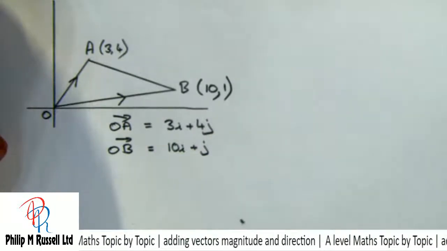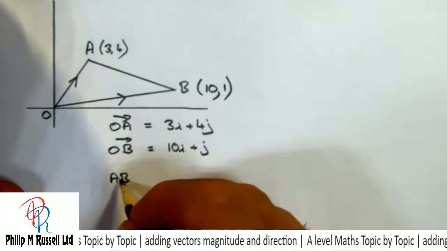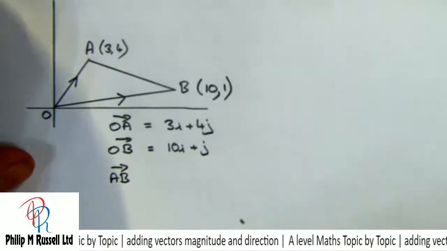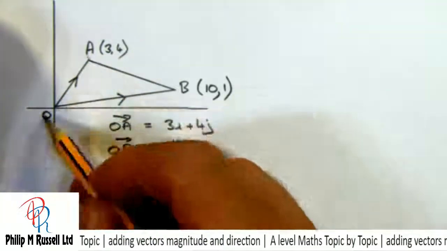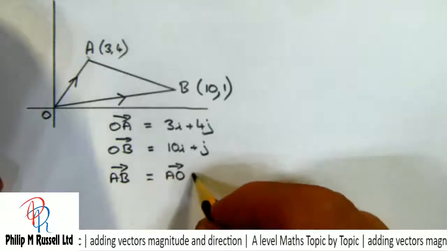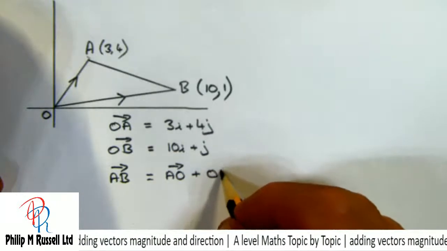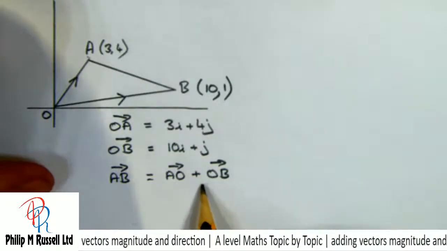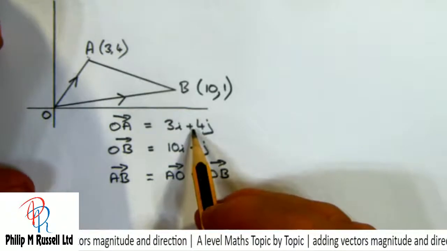If I want to work out what the vector AB is, well, how am I going to get from A to B? I'm going to have to go A to O, and then I'm going to have to go from O to B. Well, we know what these are.